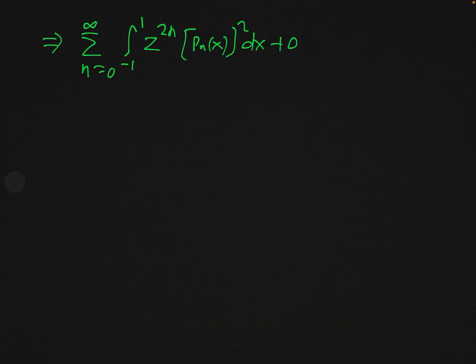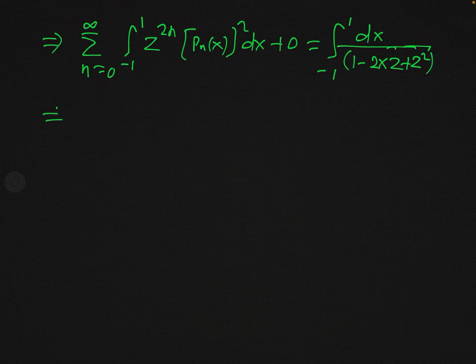So you can write now this is equal to the integral from -1 to +1 of dx over 1 minus 2xz plus z square. Now we will simplify this RHS.